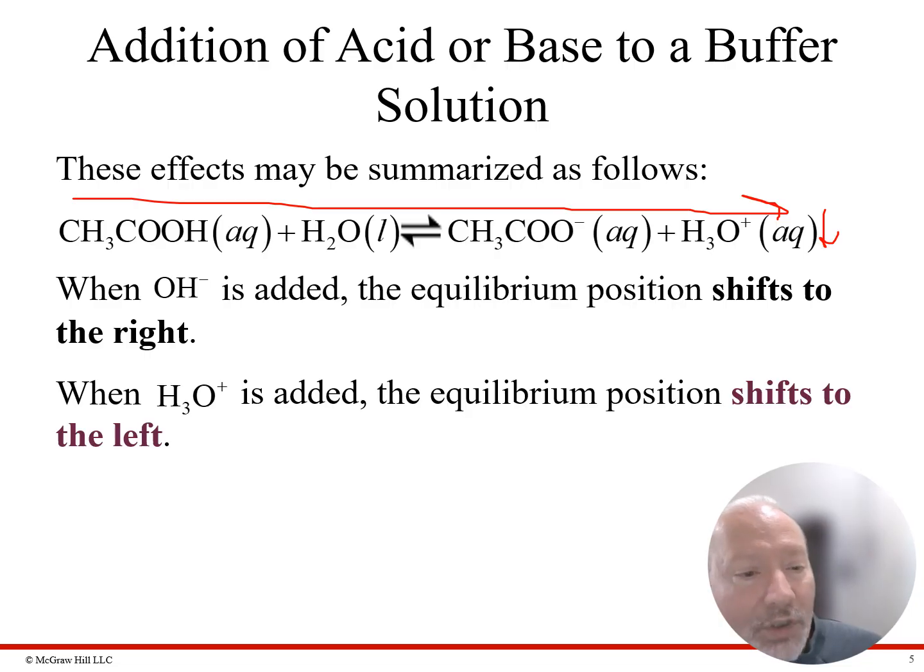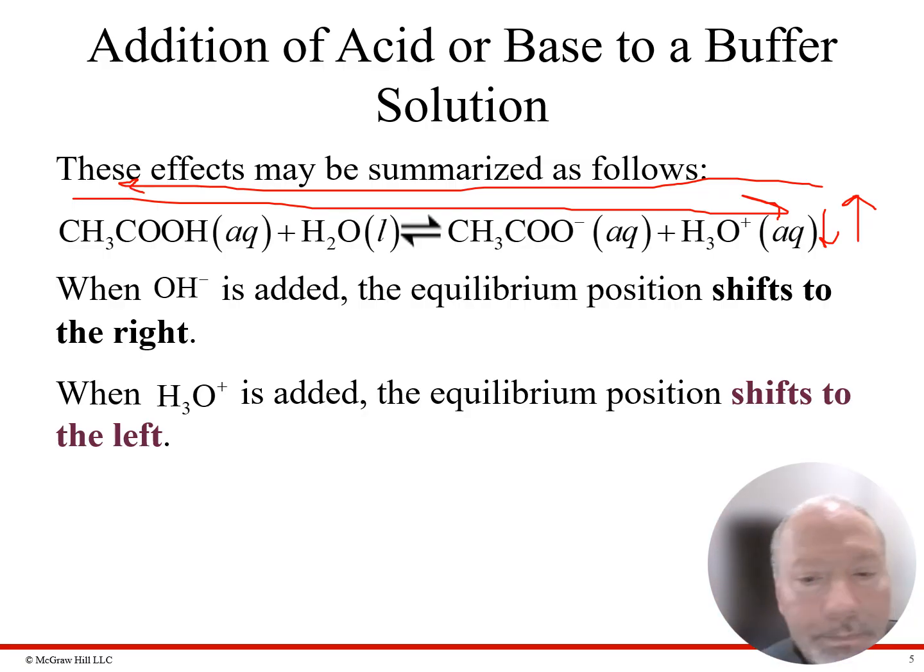But when H3O is added, if we add acid, we will shift to the left, or we'll shift to the reactants, right? So remember, this comes from Le Chatelier's principle. It makes sense. If you understand Le Chatelier's principle, then you can understand what a buffer does. And that's one of the whole reasons we taught you Le Chatelier's principle.